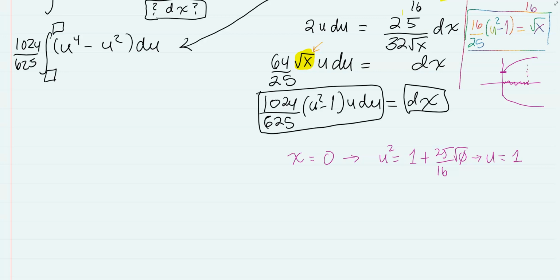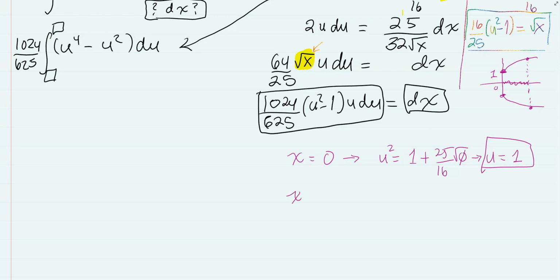When x is 0 to 1, u goes from 1 to here. So I need to find out what here is. And this down here is a negative 1, and this right here is the negative of the other value. So let's find out, but we are going to just use the positive one rather than the negative.